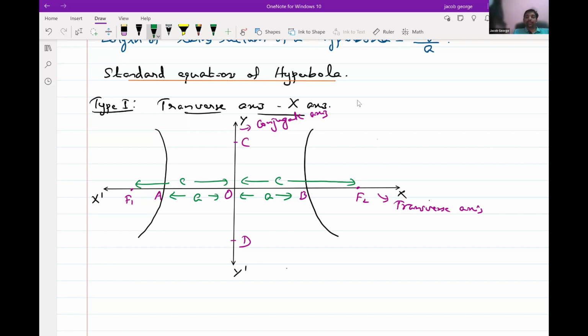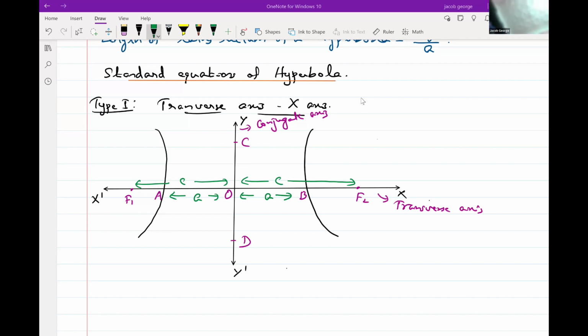Then you have to mark the vertices capital A and capital B. These are at distances a units. Okay. Done, right?